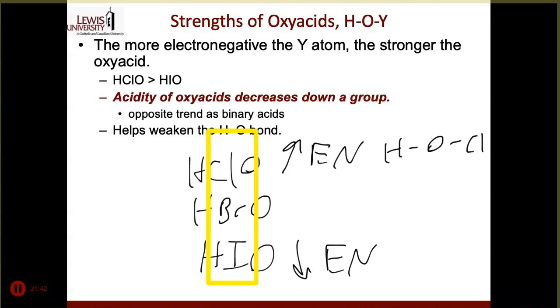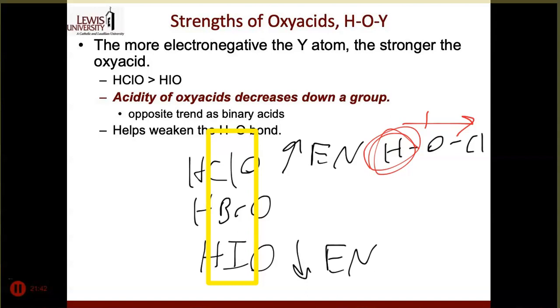So the acidity is going to increase because this more electronegative chlorine pulls more electron density towards it. So that weakens the hydrogen-oxygen bond, versus iodine, which is not as electronegative. The hydrogen-oxygen bond is going to be really strong.